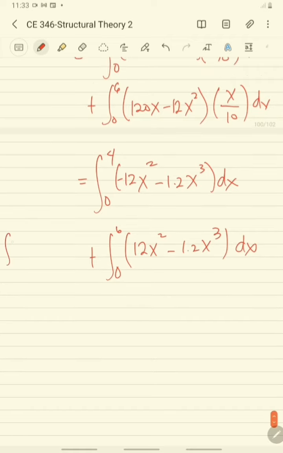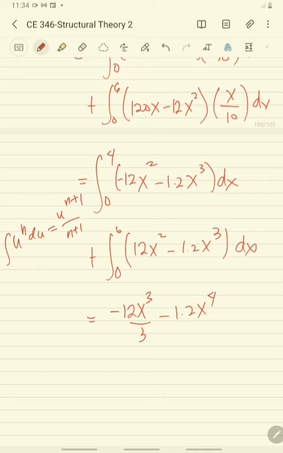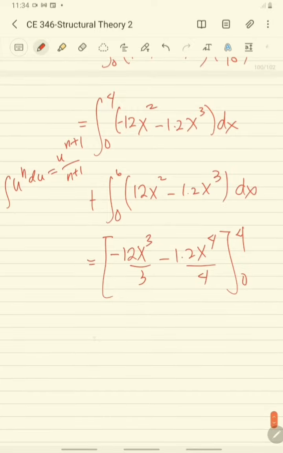The integral of u to the n du is equal to u to the n plus 1 over n plus 1. So this will become negative 12x cubed over 3 minus 1.2x to the 4th over 4, from 0 to 4, plus 12x cubed over 3 minus 1.2x to the 4th over 4, from 0 to 6.